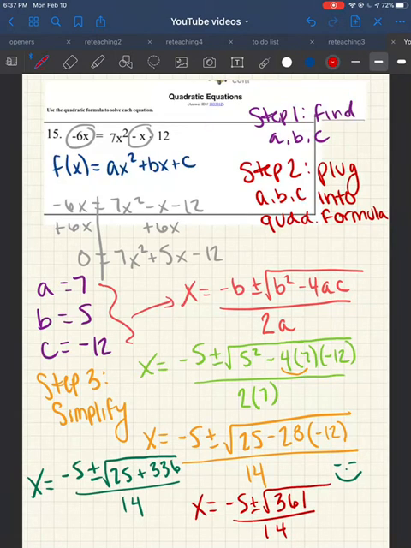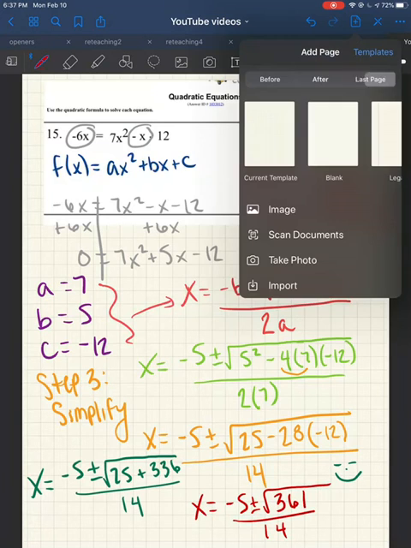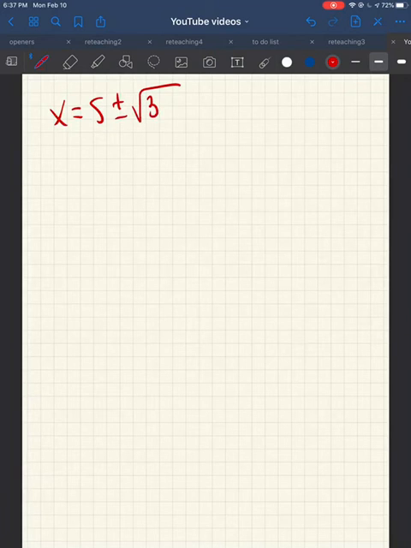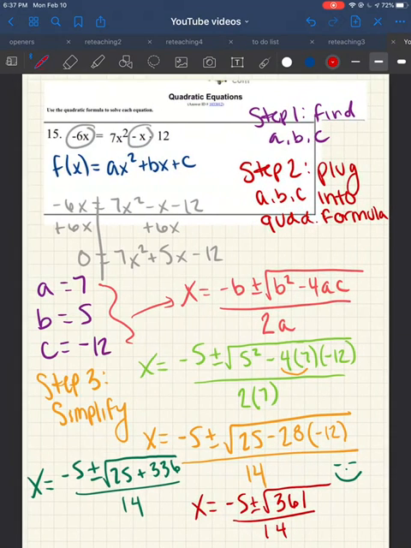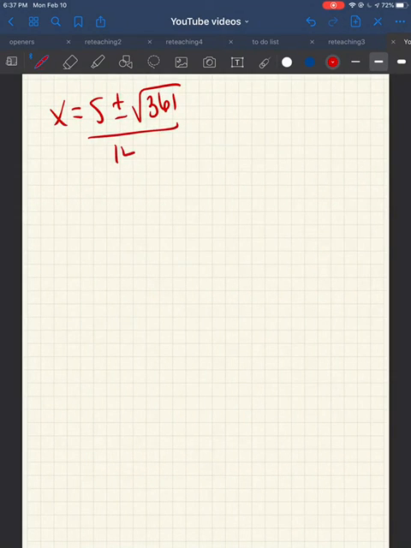Okay, I'm going to move to the next page here. So x equals negative 5 plus or minus the square root of 361, all over 14.